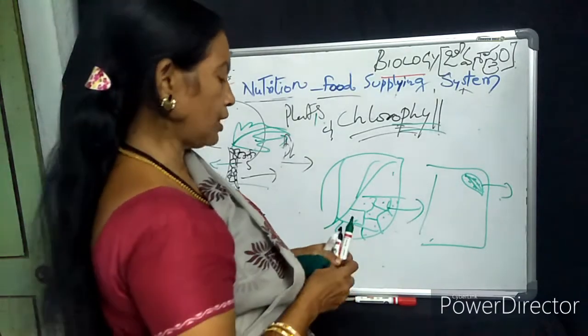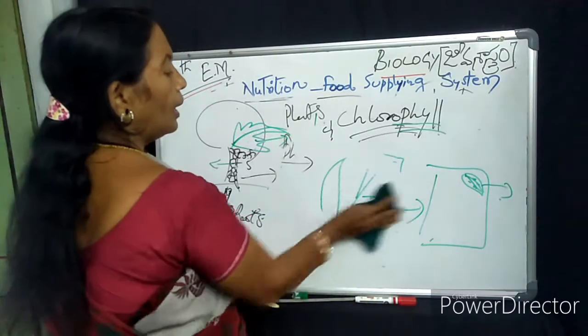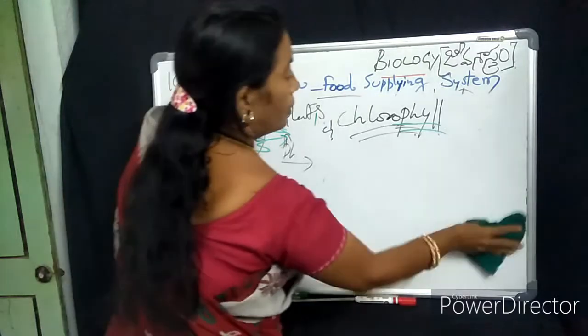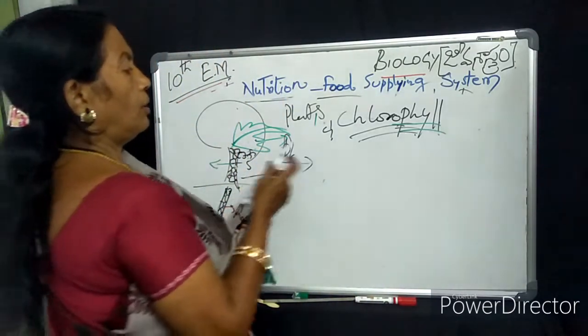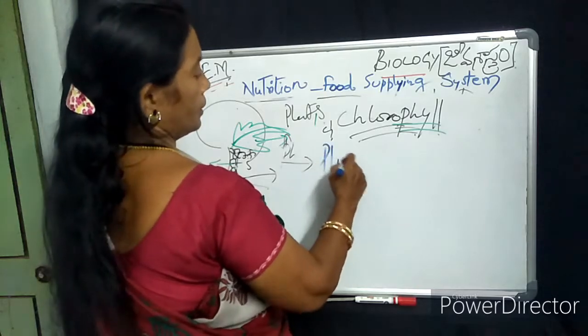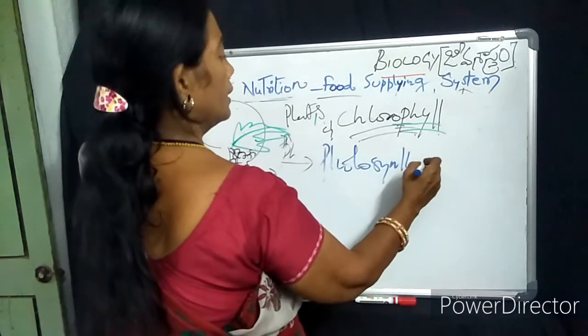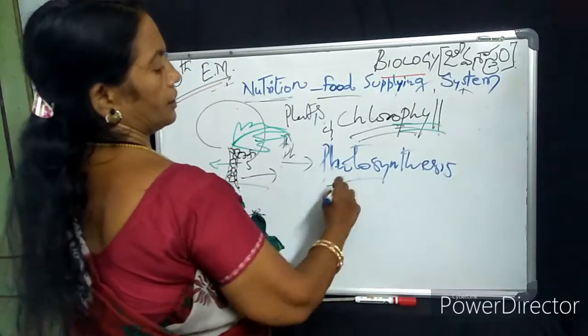So this is the point. In leaf cells, the chlorophyll is present. And then for photosynthesis, already we have discussed what photosynthesis is.